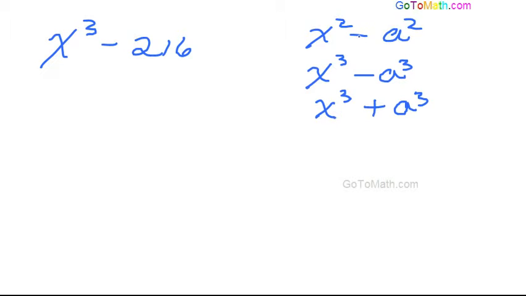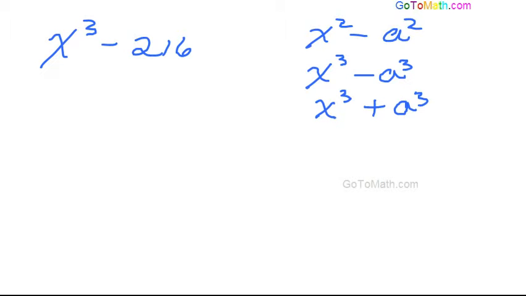However, we can't do the sum here. We've got the difference of two cubes. So the question is, what is this number cubed? In other words, we'd be looking at the cube root of that. Is it 5, 6?